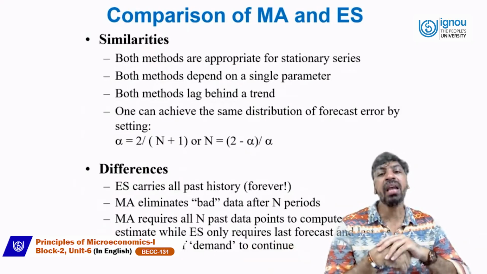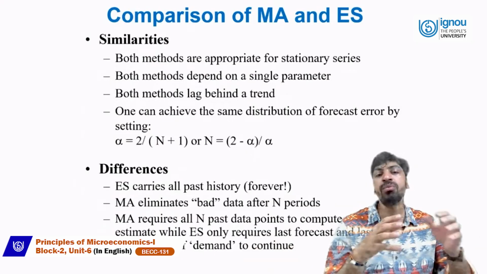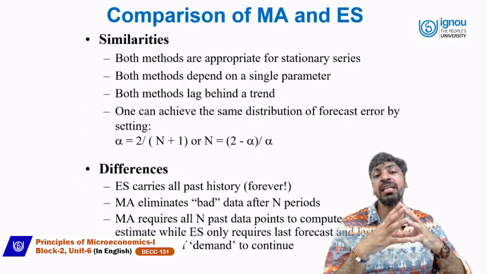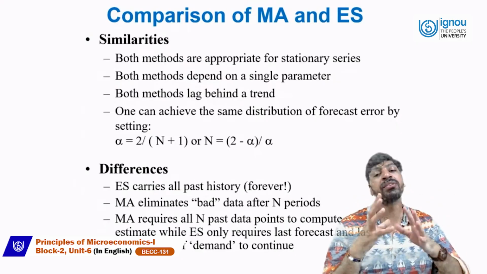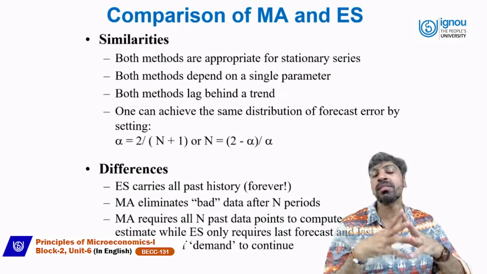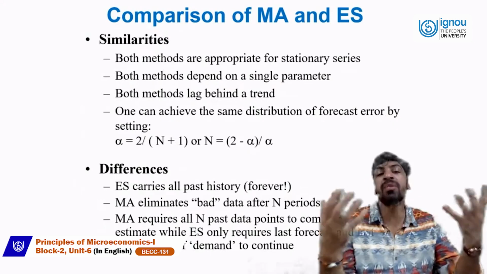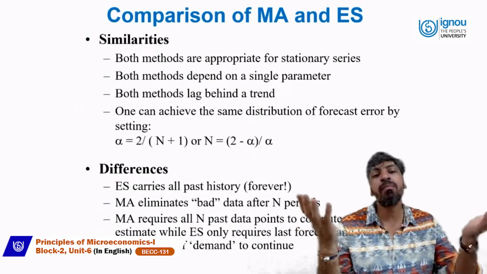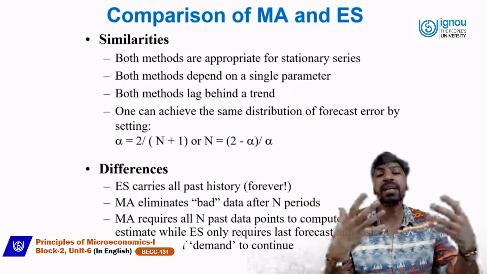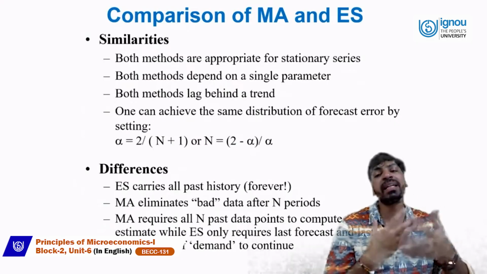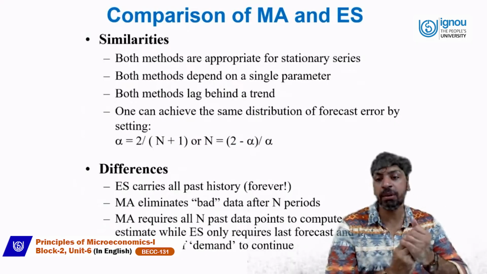Both methods lag behind trends. That's true. As I told, moving average lags behind the trend and does not show accuracy in the trend analysis. Similarly, the exponential smoothing shows a trend analysis, but not with an accurate level. Even none of the methods will show the accuracy of exactly what the expectations about the future scenario are.